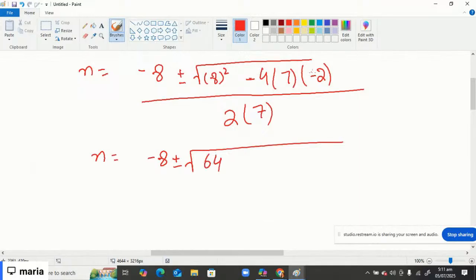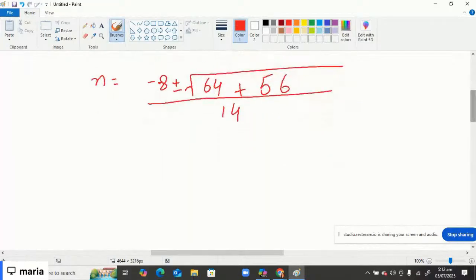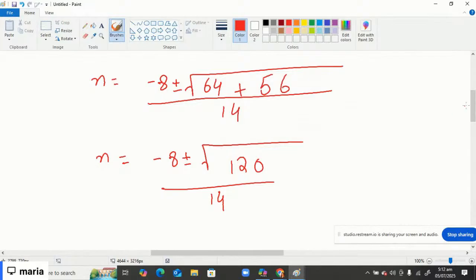Now there is a minus sign and this is a minus sign, minus minus becomes plus. Now 4 times 2 is 8, 8 times 7 is 56, over 7 times 2 is 14. Now n is equal to minus 8 plus minus the square root of 64 plus 56, which is 120, over 14.